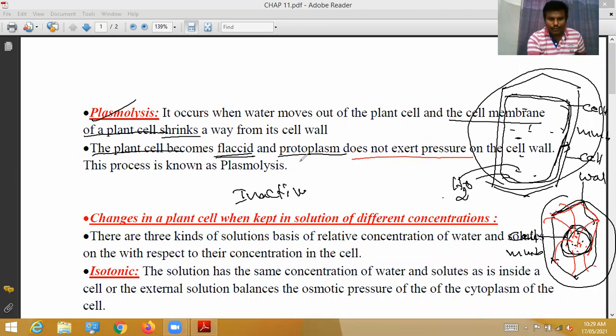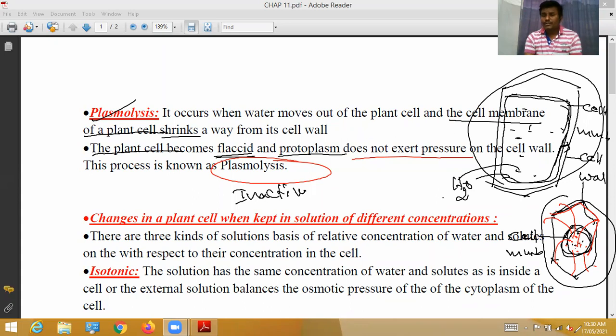This process is known as plasmolysis. It is very simple to remember. When water moves out of the plant cell, the cell membrane shrinks away from the cell wall, and the cell becomes flaccid, meaning inactive. The protoplasm does not exert any pressure on the cell wall.